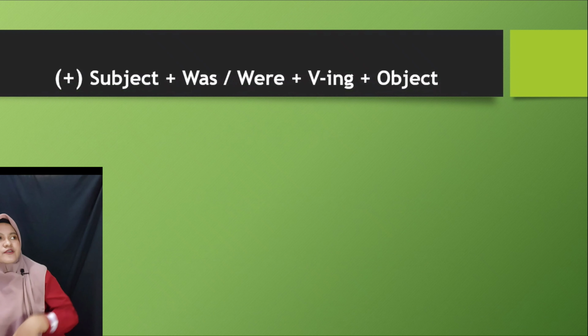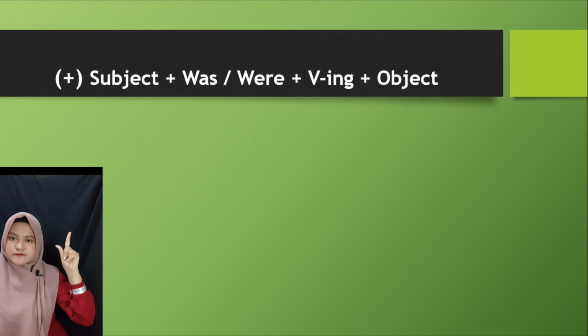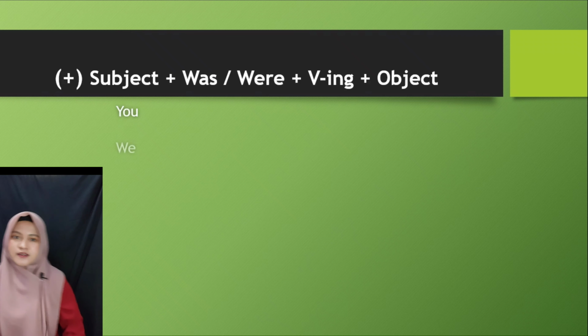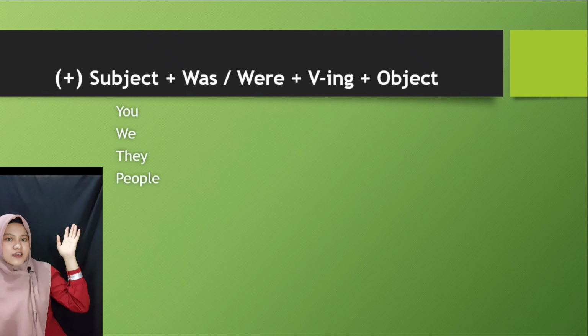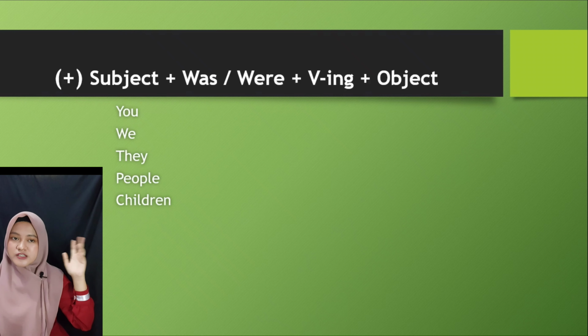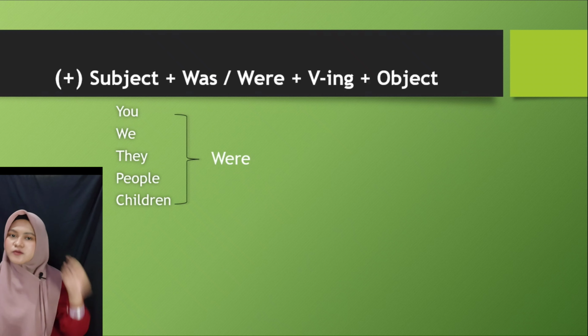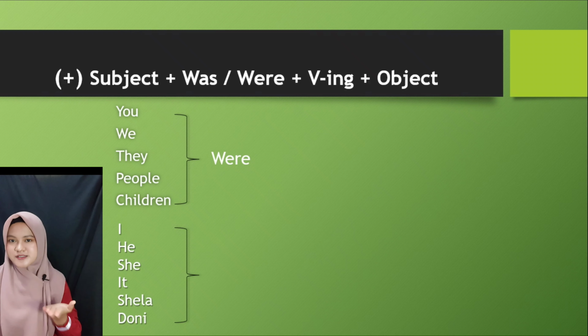Here we will talk about the positive first. The subject, what kind of subject? We have you, we, they, people, and children. They are using the auxiliary were. Yes, that's true. And how about I, he, she, it, Sheila, and Donnie? Using the auxiliary was. That's good.